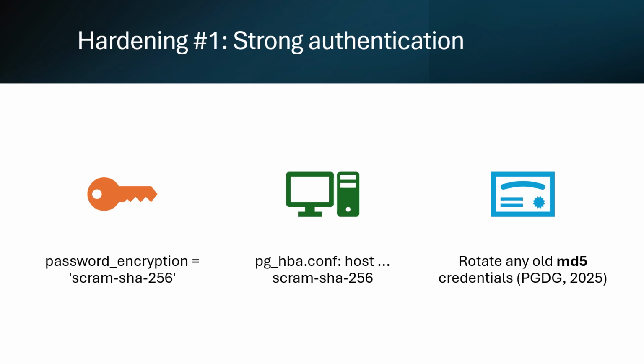The CIS PostgreSQL benchmark strongly recommends migrating away from insecure authentication methods. After setting password_encryption equals scram-sha-256 in postgresql.conf, update pg_hba.conf to require scram for connections. Also, plan a password rotation so existing users stored with weaker hashes are forced to upgrade.